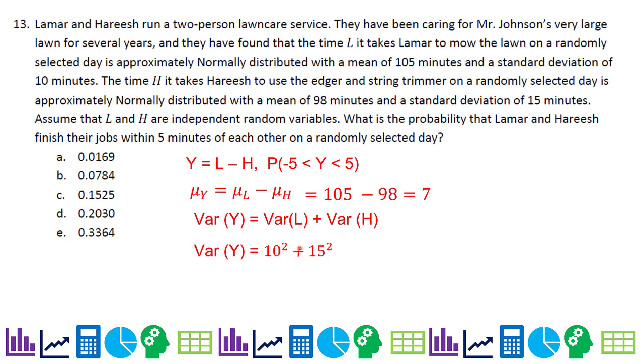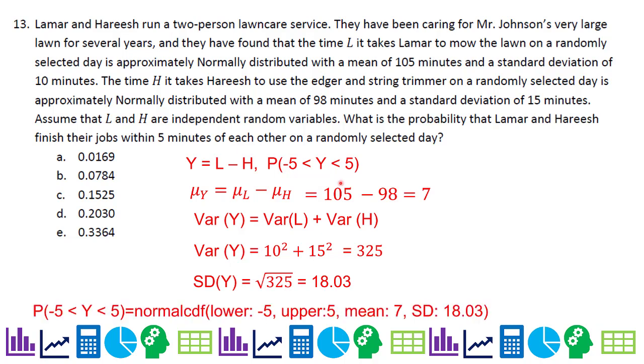So we just need to square those standard deviations to get the variance for the transformed variable, and then take the square root of that to find the standard deviation. Now we can answer the question. We're going to use normal CDF. Lower is -5, upper is 5, mean is 7, and SD is 18.03.